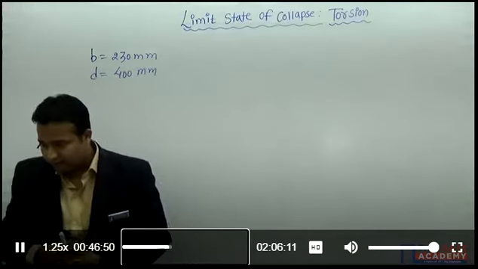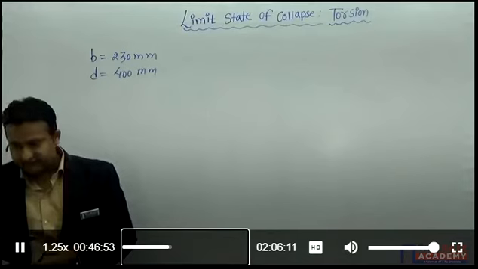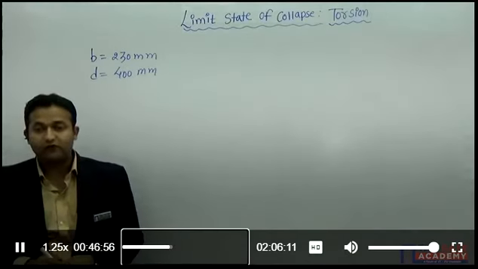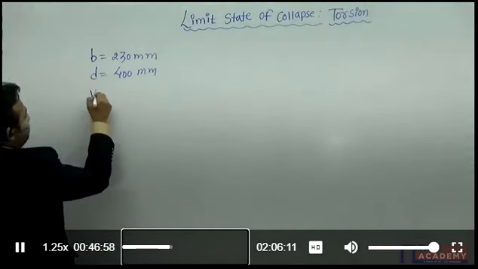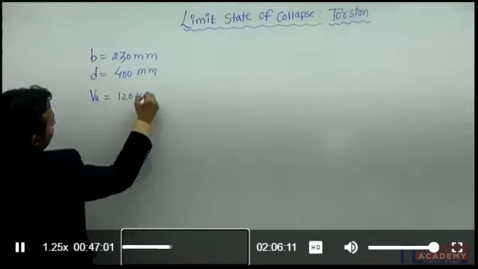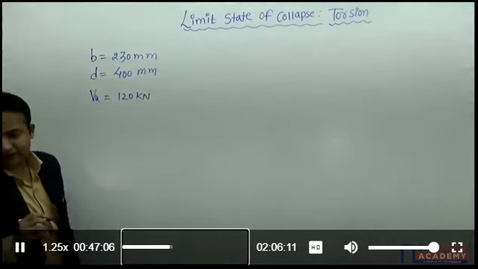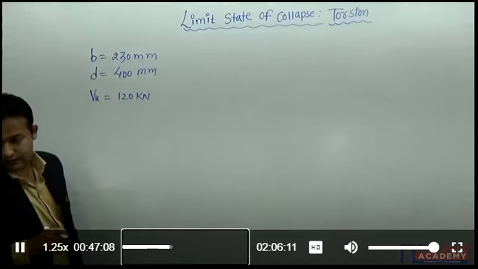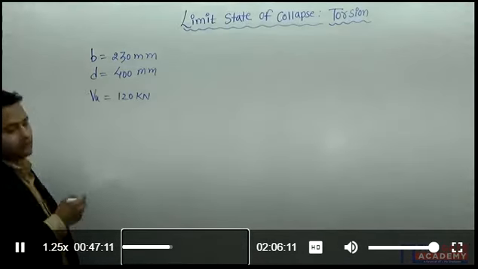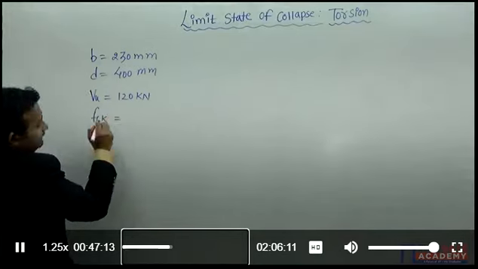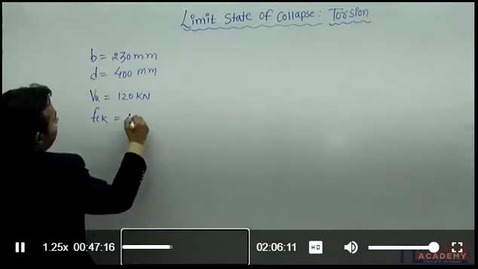Now, the beam is subjected to a factored shear force of 120 kilonewton. The grade of concrete, the steel and the stirrups are given: fck is 20 Newton per mm square.